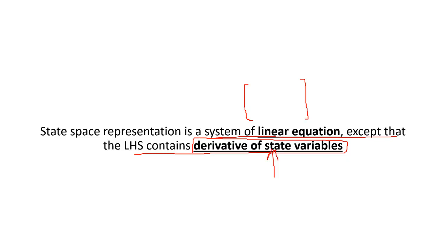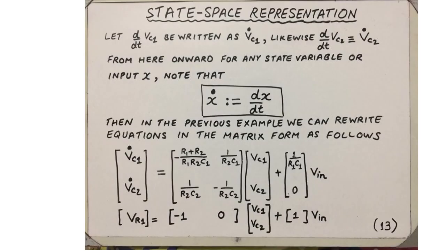We are going to use the dot notation to represent the derivative. So let the rate of change of some state variable such as Vc1 be written as Vc1 with a dot on top of the state variable. So this is Vc1 dot.